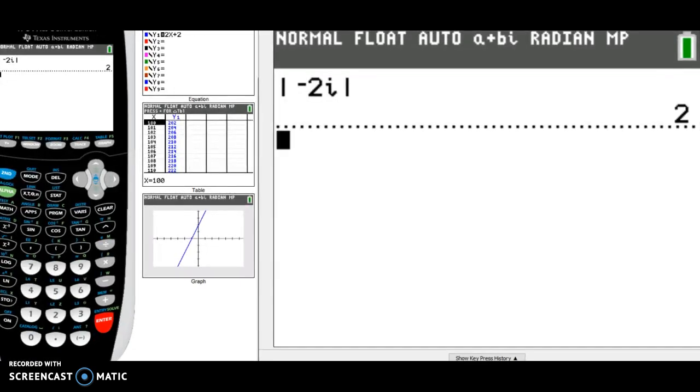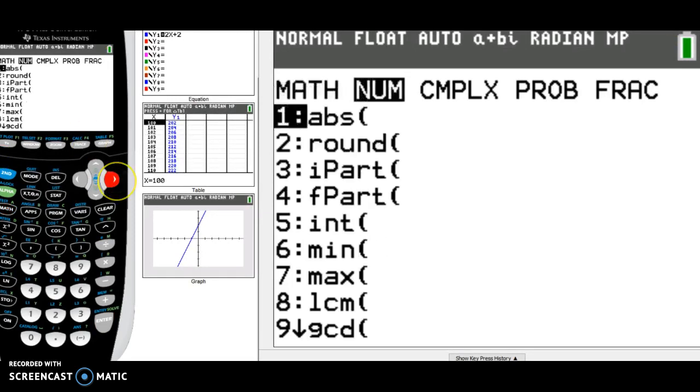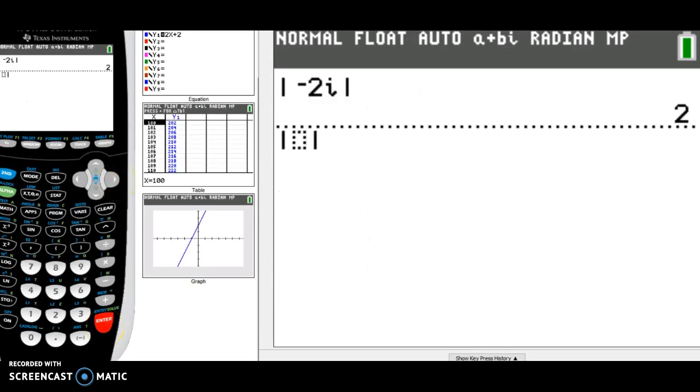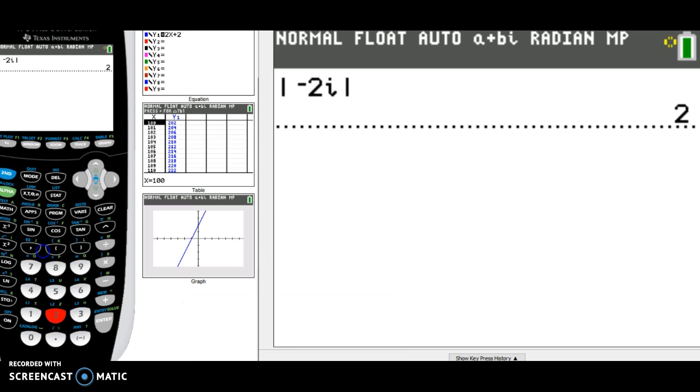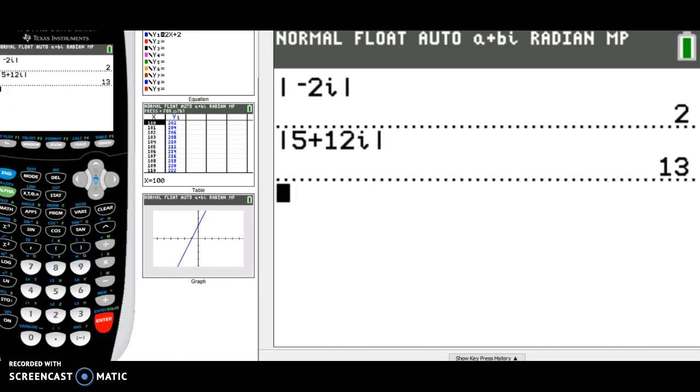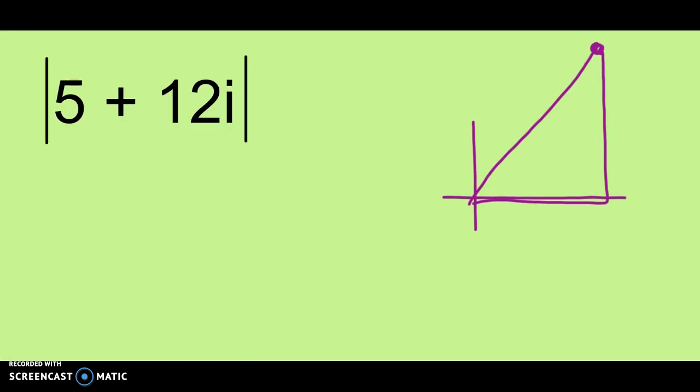I'll go ahead and plug it into mine. So math, go over, hit that. 5, what was it again? Plus 12i, plus 12 second decimal. Go over. There you go. It's all set. You just hit that there. And it's 13. Oh, I should have known that. That's a Pythagorean triple. Anyway, so the answer is 13. Okay, they don't always come out so nice and pretty.